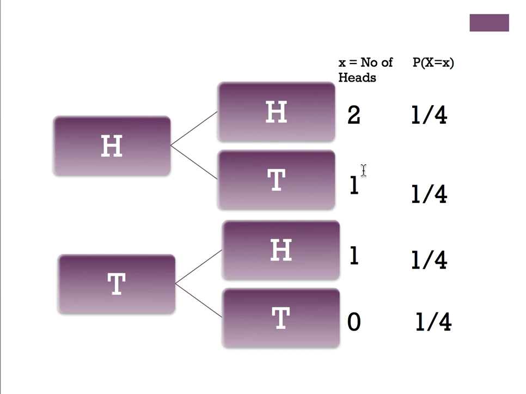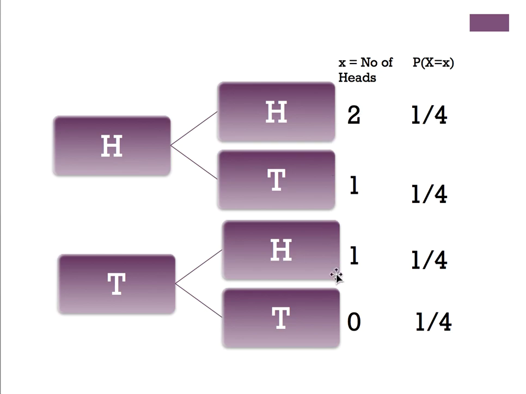The value here is 1 because we have 1 head in this outcome. In the same manner, the value here is 1 because we have 1 head in this outcome. And lastly, we have 0 because there's no head in this outcome. And then we have the probabilities. So out of the 4 possible outcomes, the probability of x equals 2 is equal to 1/4.